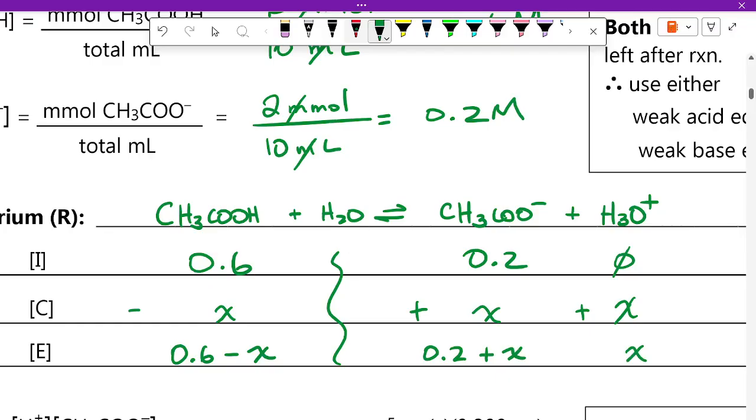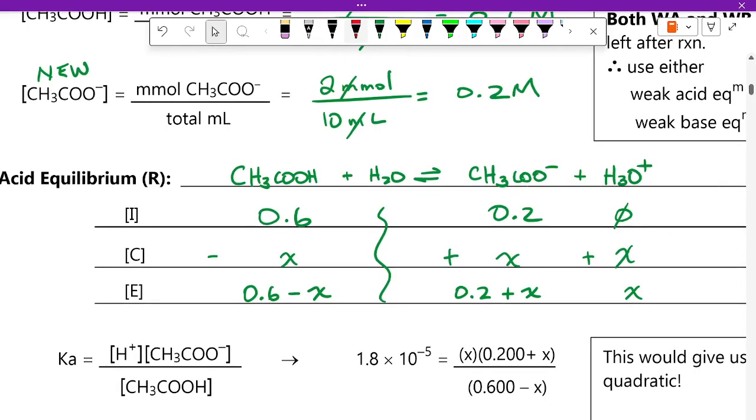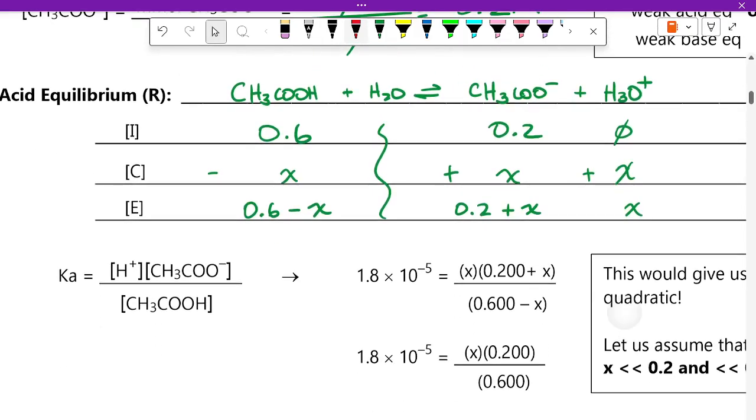And then at this point, it becomes a matter of using your Ka, and we look at this and we're like, oh, this looks yucky. This would give me a quadratic, yes? I would end up with an x squared term and an x term. How do we deal with that if we don't want to have a quadratic? We're going to assume x is insignificant.